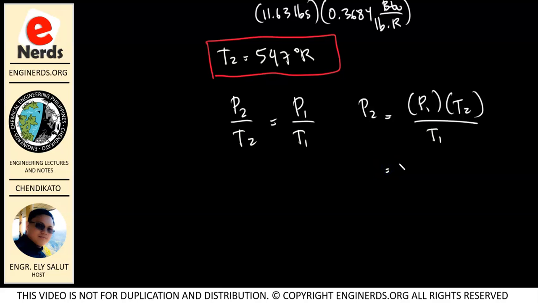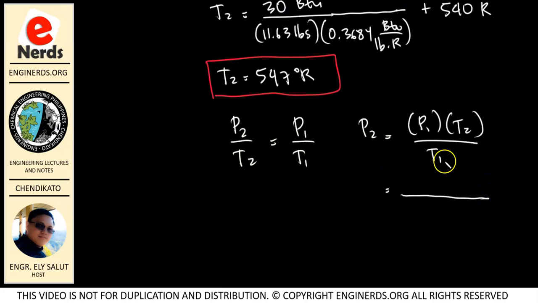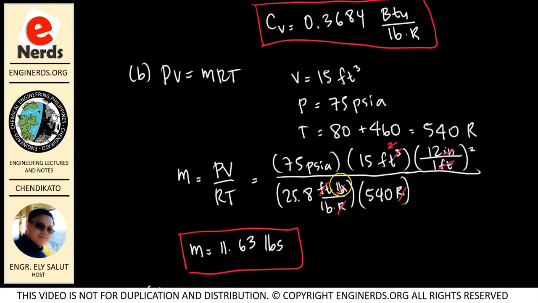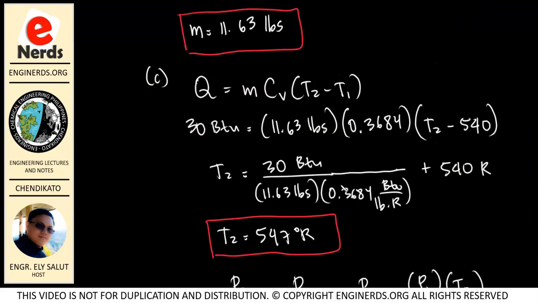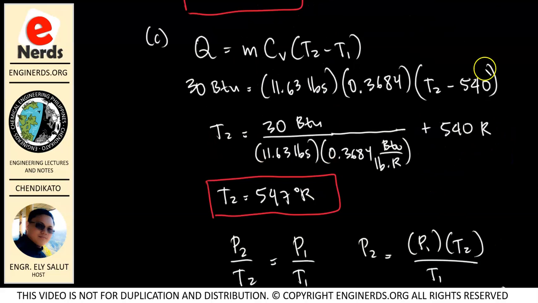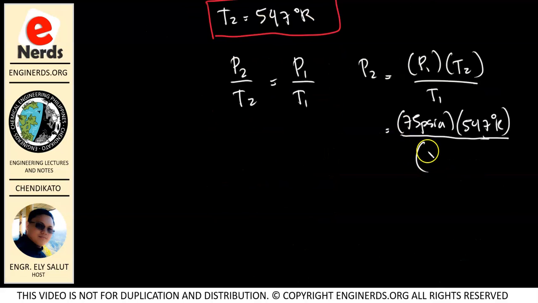Let us substitute our values. Our P1, our initial pressure, is 75 psia, times temperature 2, which we got as 547 Rankine, divided by our T1, which is 540 Rankine.